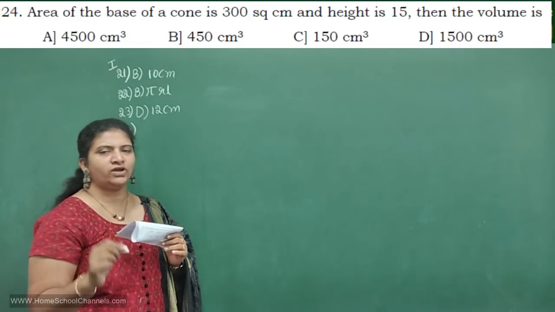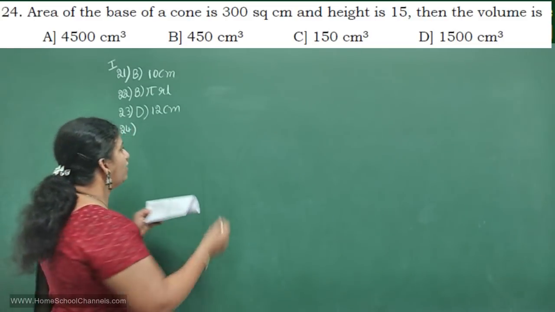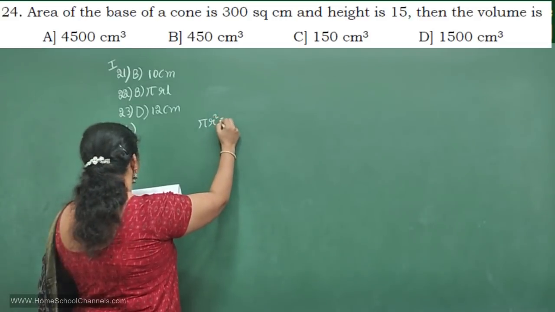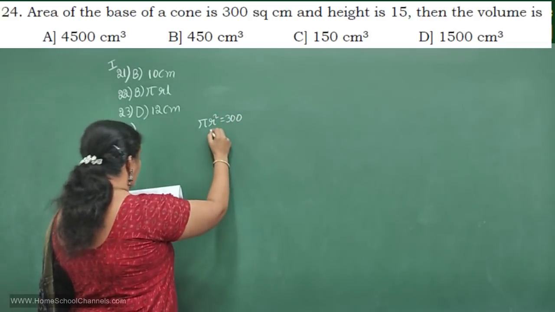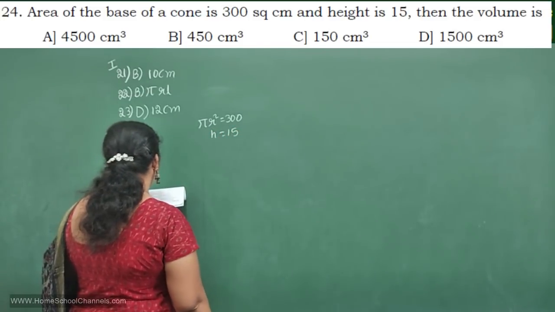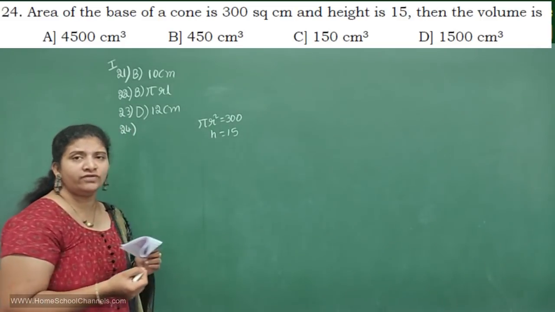24th question, area of the base of a cone. Base of a cone is which shape? Circular shape. Area of a circle, that is pi r square, is equal to 300 square centimeters, given, and height is equal to 15, given. Then what is the volume of a cone?